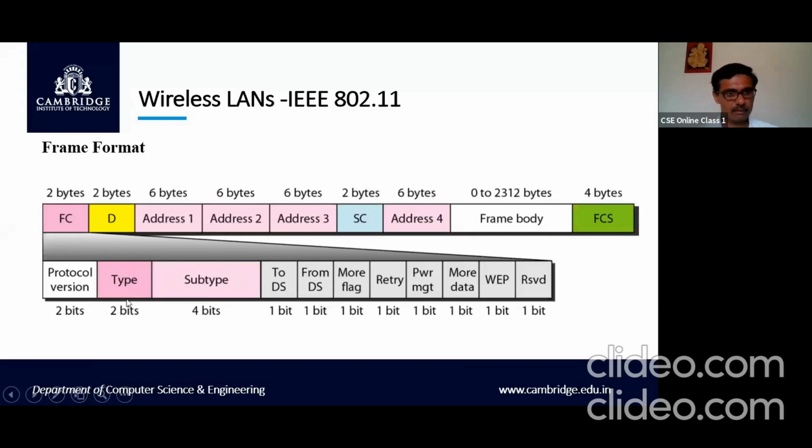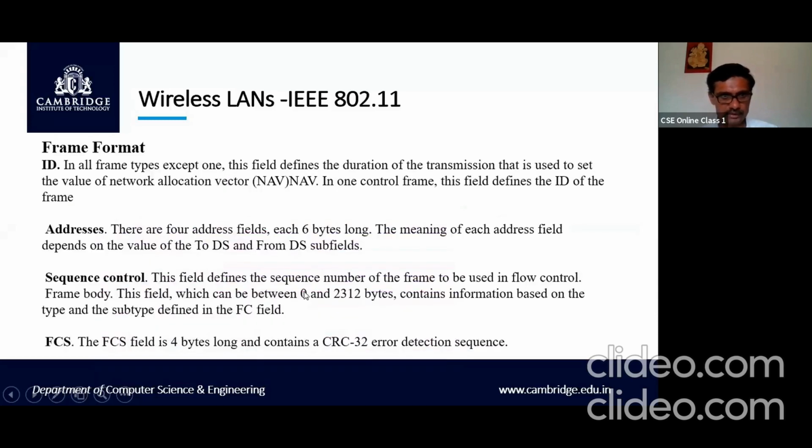In the management frame also we have different subtypes, and even in the control frame we have different subtypes, so different frames. Again, to differentiate those subframes, these subtypes are used. Then to DS and from DS, both are one bit here. Carefully see this, both are 1 bit. Their meaning we'll see now here.